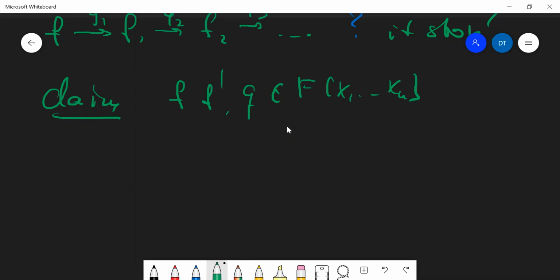I assume that F is a field and we're given some lexicographical ordering. If we do not have any order on monomials, you cannot discuss all these notions; they depend highly on the order of the monomials. And suppose that f is reducible to f prime by g, so f prime is just an elementary reduction of f by g.